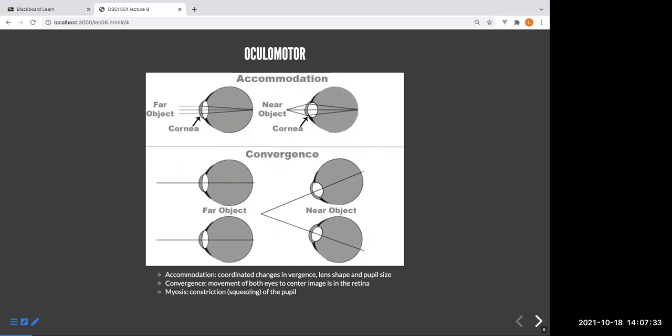So this one is the oculomotor, and the reason is that this is only useful for physical objects. And you have essentially these two mechanisms that we use in our brain to understand how far things are. The first one is accommodation. So this is what you do when you squint your eyes to try to focus on something that is close, for instance.